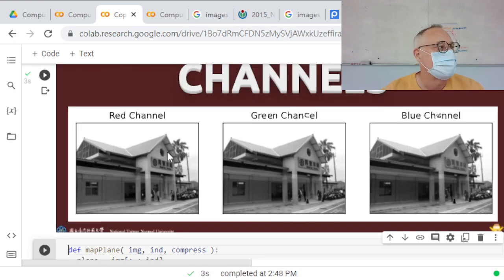So here I extracted out the red, the green, and the blue channel. And then I just displayed it as a grayscale image, like just as a brightness value. And as you can see, nothing particularly interesting happened there.